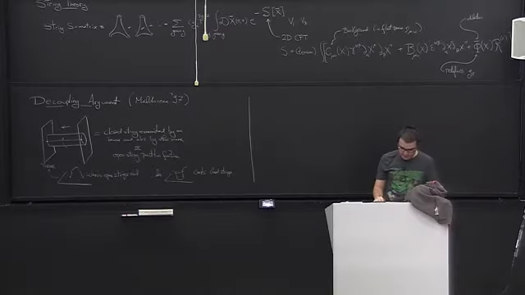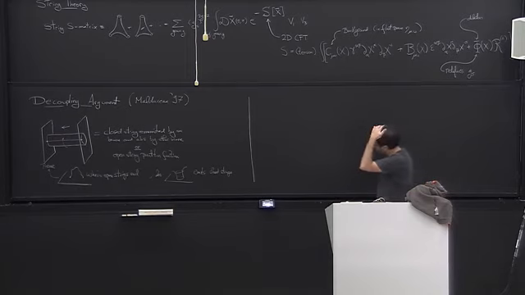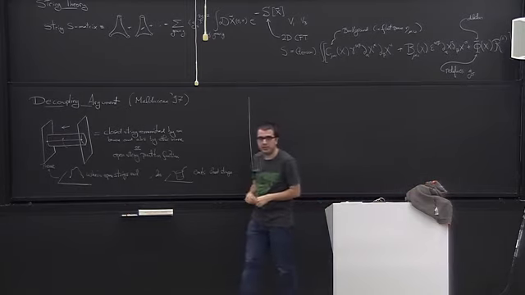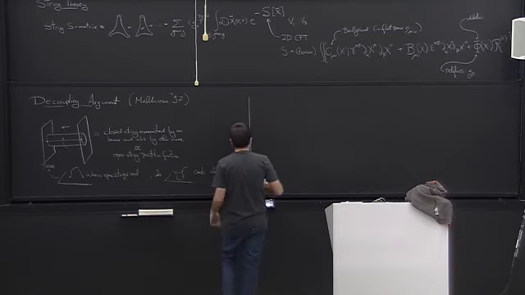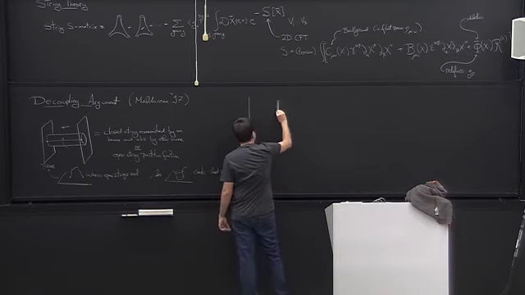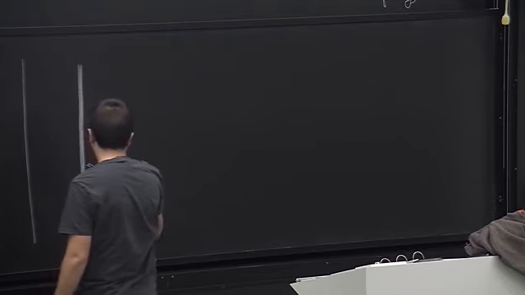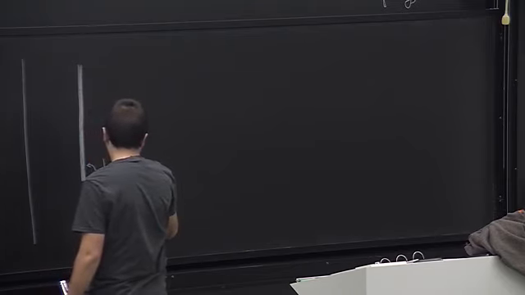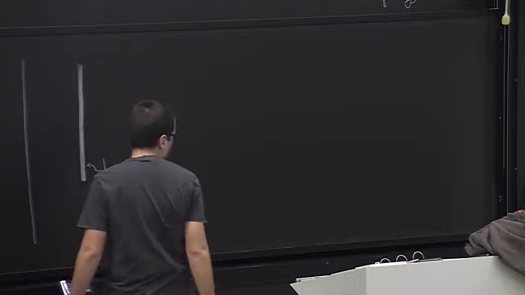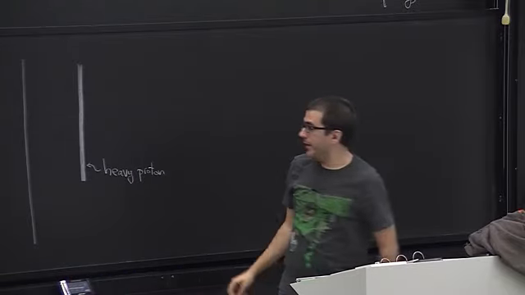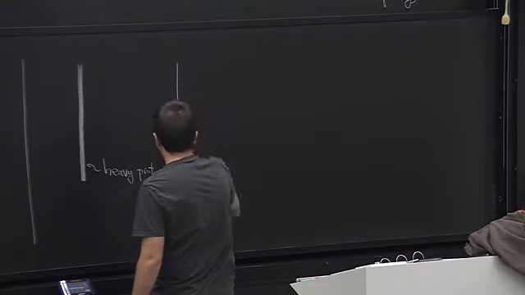Let's consider a proton, which is heavy, and a light electron that is flying by this heavy proton. So let's think that we have some heavy proton. This guy is some heavy proton. And then we have some light electron.